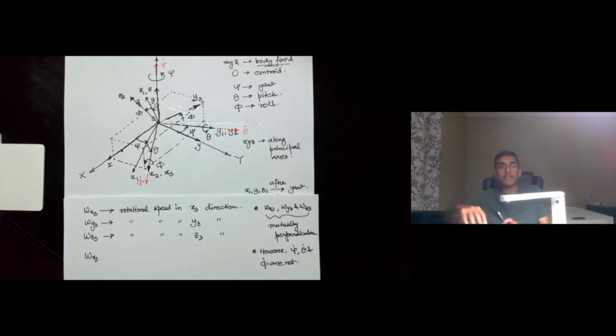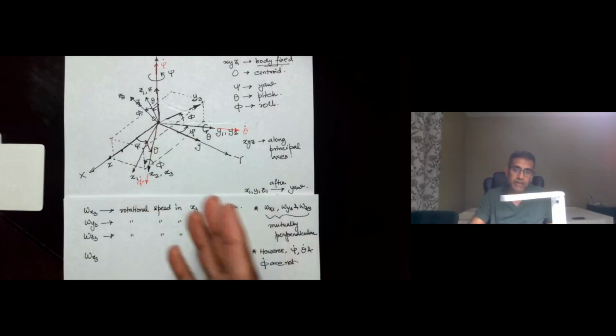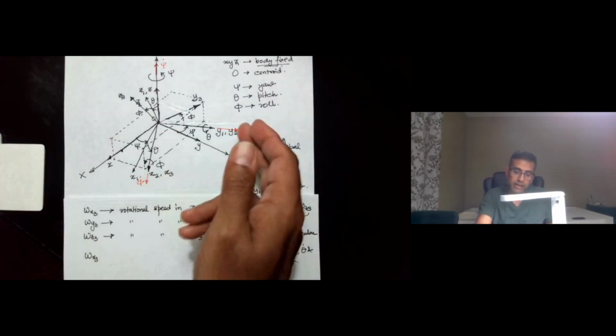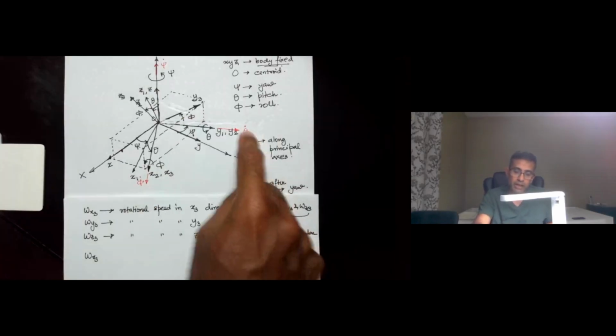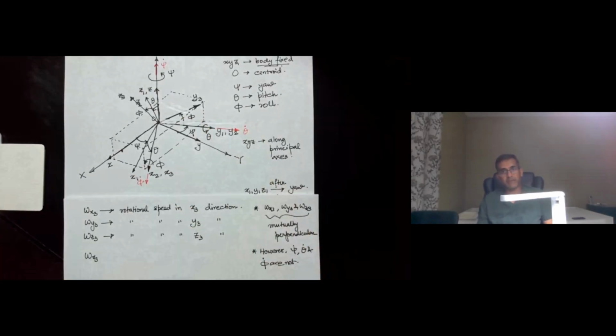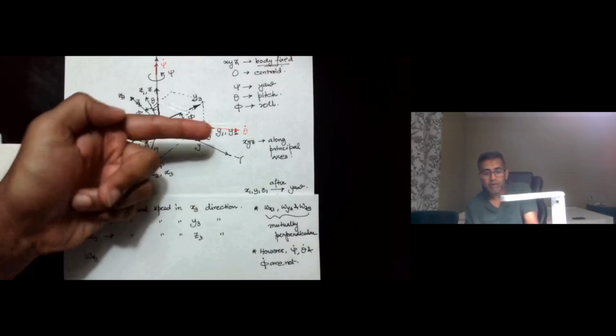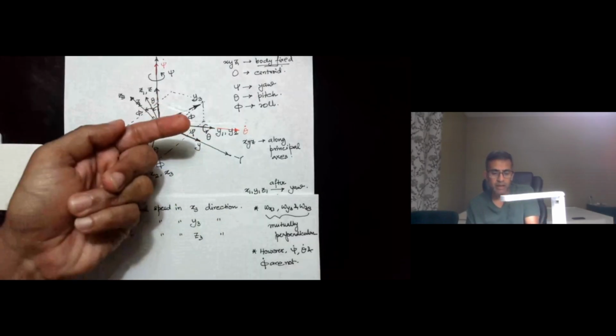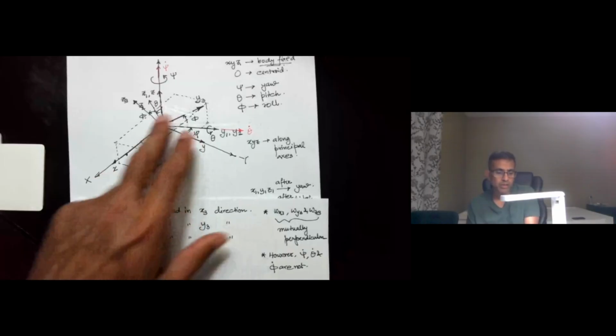No matter what the rotations, no matter what the arbitrary orientation is of the rigid body at any instant, as we have seen, we can express the orientation using these three rotations. And once we do that, theta dot and phi dot are always going to be in the y2 and x2 directions respectively. And so they are going to be mutually perpendicular to each other. And you can see that intuitively as well. When you turn about theta, it causes x1 to turn to x2.